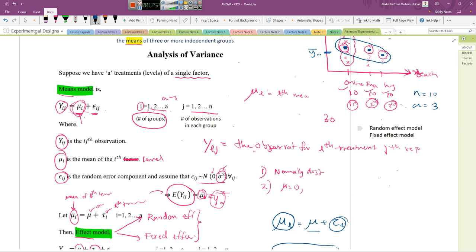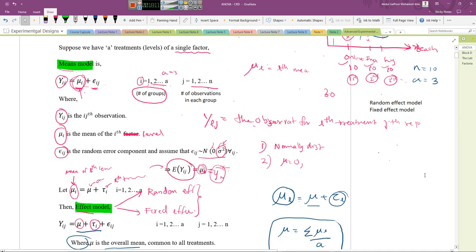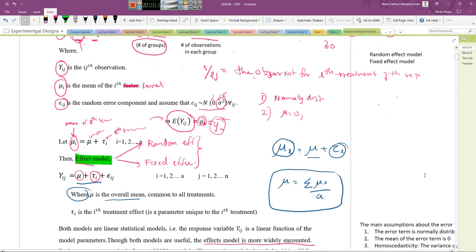Now we can find the mean of the online mode, the mean of the in-person mode, and the mean of the hybrid mode also. If I add these three and divide by 3, that will give me the overall mean. So this is how we calculate the overall mean: the sum of mu I for I equal to 1 to a, divided by a.